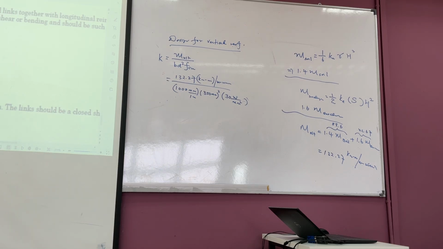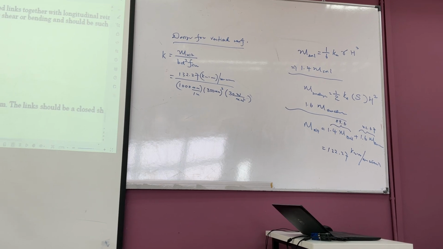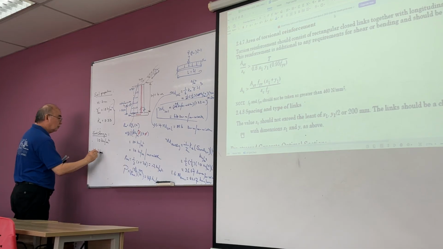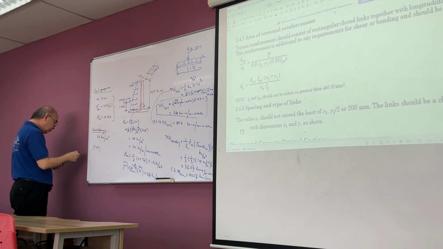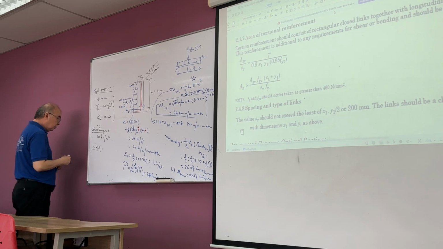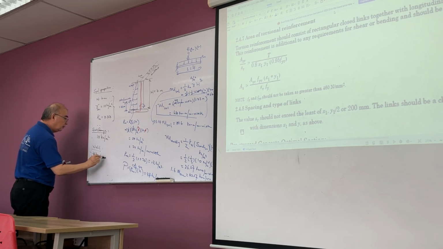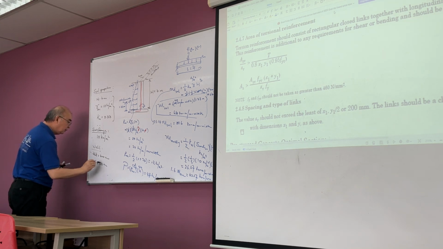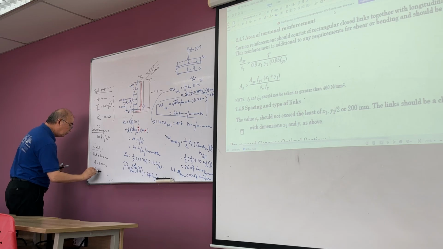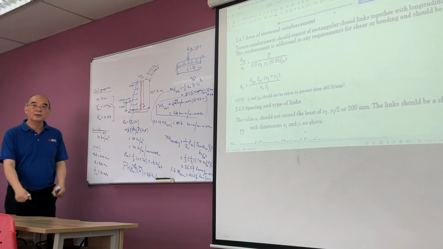So here I should give you also the wall properties. So the wall thickness, let's say 400 millimeter. D is 350 millimeter, and FCU is 30 MPa, which is Newton per millimeter square. Understand?